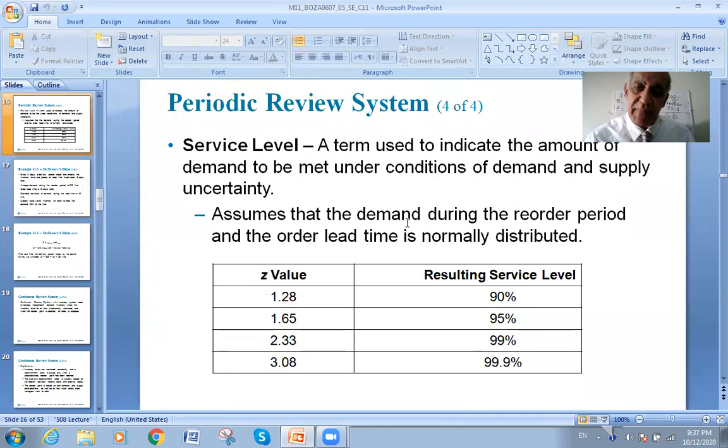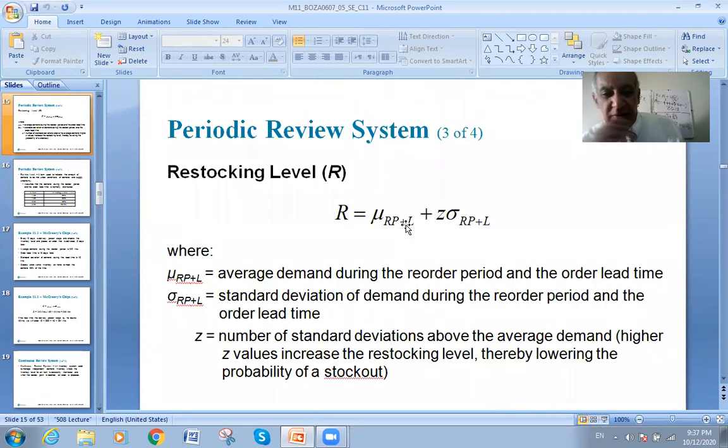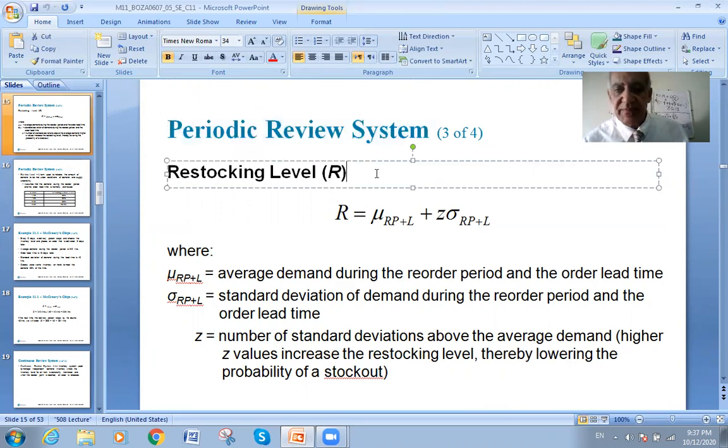We depend here on the periodic review system. Periodical review system means that from time to time, the management, especially with the inventory, has to check the levels of the stock.